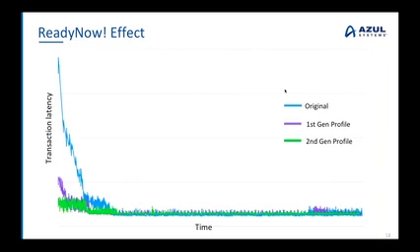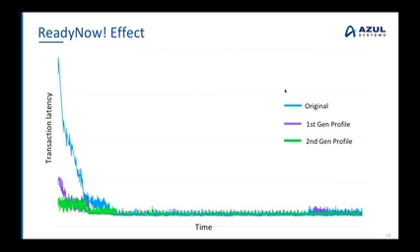Now, this is a slightly different approach in terms of the graph. This is looking at the transaction latency and how ReadyNow can affect the performance of our application. This uses 2 different profiles that were generated. The original, without using ReadyNow graph, shows that we start off with very high latency. We then go through a sort of gradual improvement where we've got spikes as we de-optimize, and then it sort of settles down.